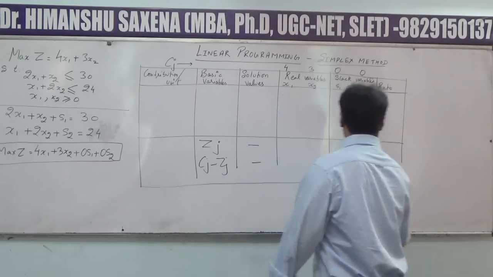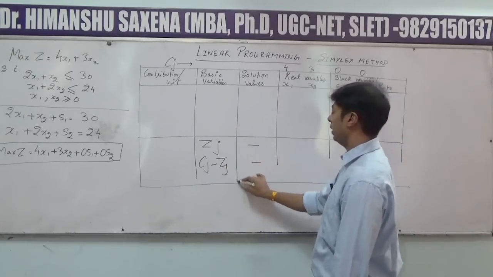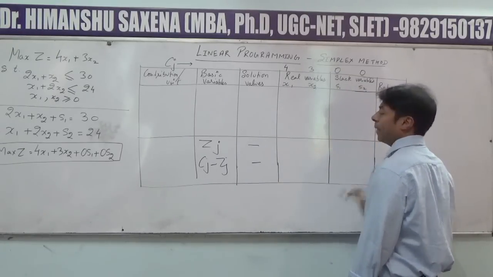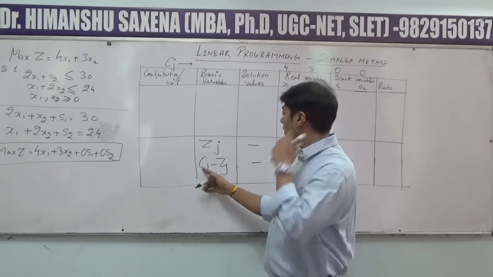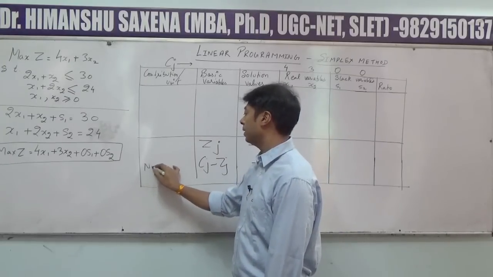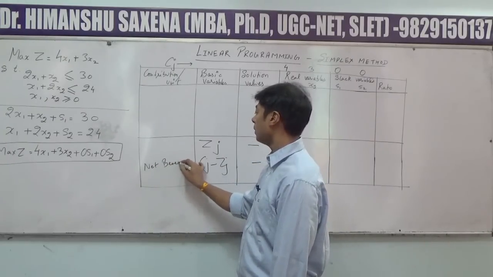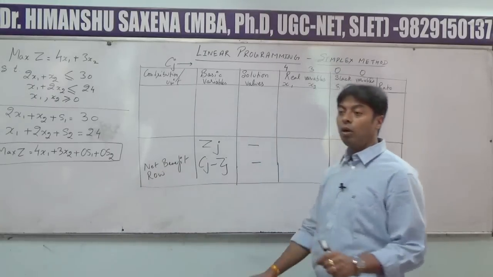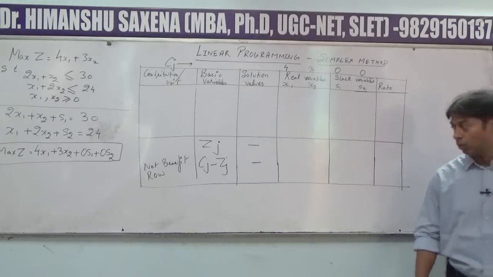So this is going to be the format of the Simplex table which we are going to construct today. And this Cj minus Zj represents the net benefit row. This is also called the net evaluation row.